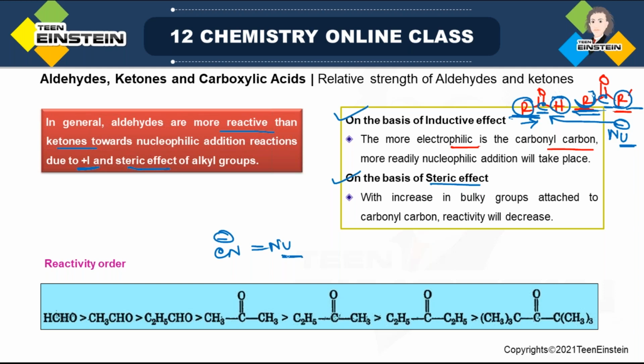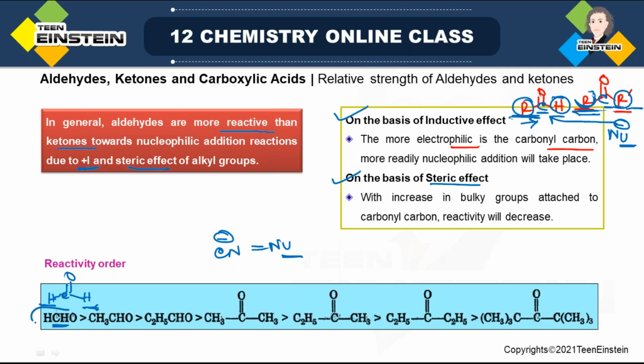So keeping the nucleophile fixed, if you have different types of carbonyl compounds, see here the most reactive is formaldehyde, because this is the simplest structure possible. On both sides you do not have any R group, you have simple H, no question of inductive effect, and from the steric point of view, this is a very small molecule. The nucleophile can easily attack.